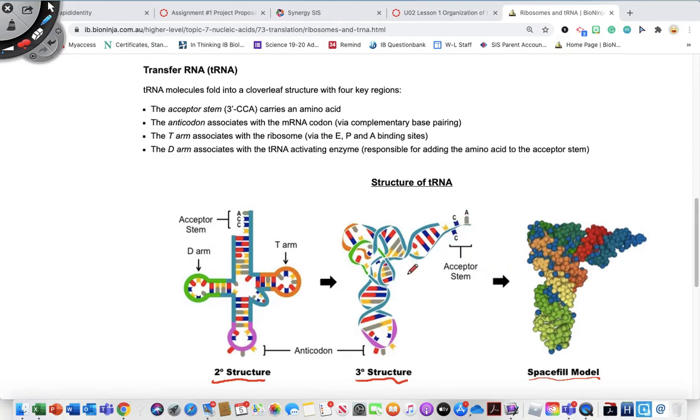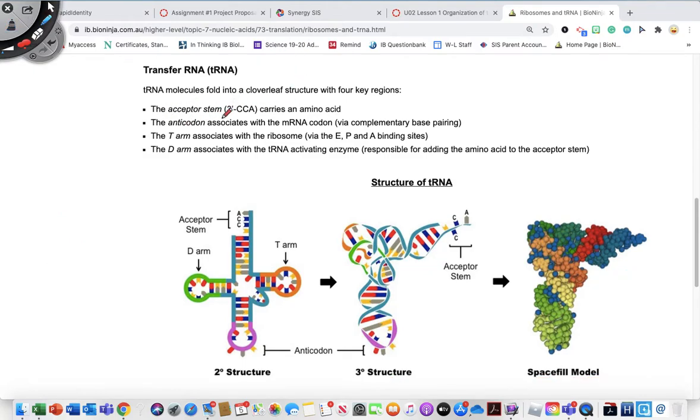And the way I recognize it is because in these tertiary and space filling models, this acceptor stem kind of sticks out like a little stem, right? And it doesn't really show you here the shape of an actual T, right? But it does here in the secondary structure. So that's another way we can recognize this as tRNA.